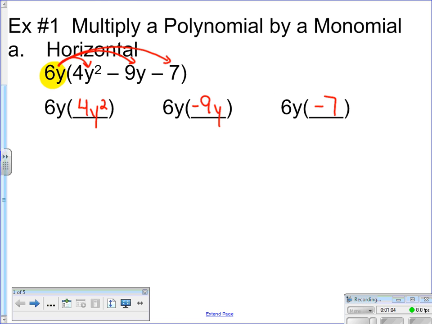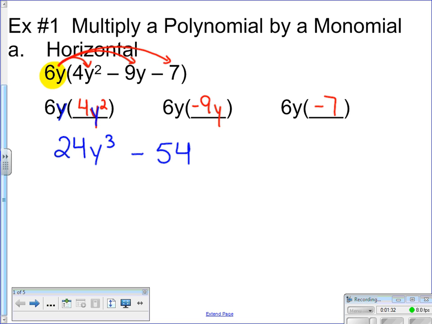4 times 6 is 24. Now the y and the y squared make y cubed. You already have y squared, and when you add one more y with that, that makes y to the third. The next part, 6 and negative 9, multiplies into negative 54.